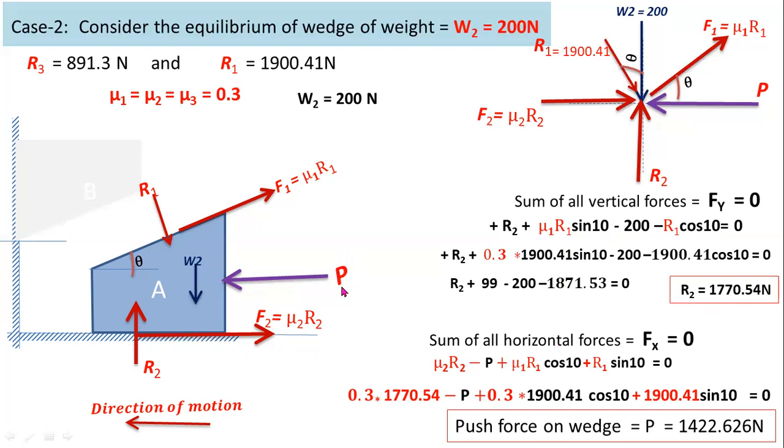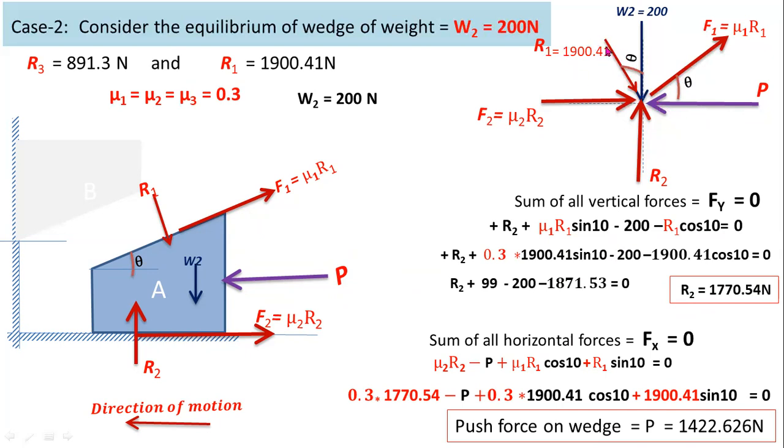For determining the value of P, you have to resolve all the forces along the horizontal axis. Here force P and F2 are acting on the horizontal axis, and this frictional force F1 makes an angle theta with respect to the horizontal axis. So F1 cos theta is the x component.